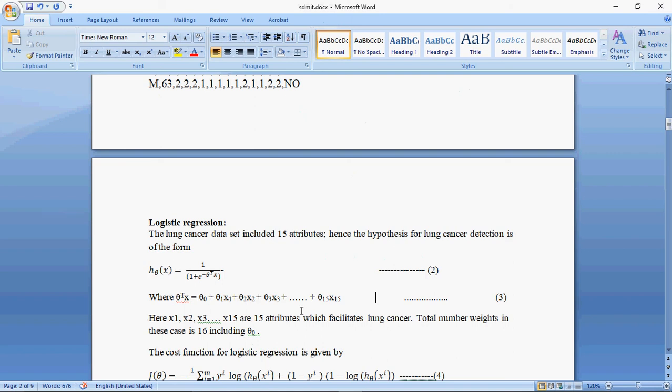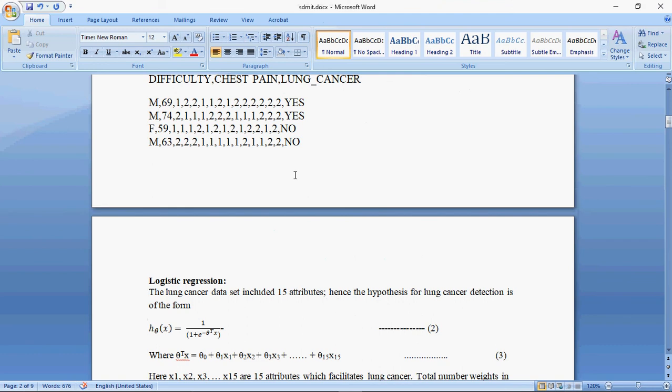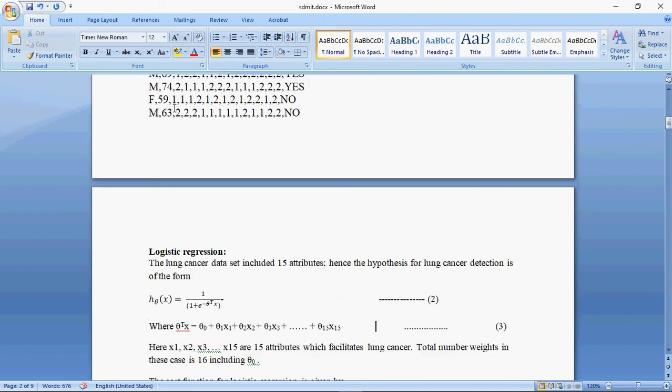For this case, you have altogether 15 features, and each feature is associated with a weight, so we call them weighted inputs. The input is not directly summed; rather you multiply the input with the corresponding weights, and thereby compute theta times x, or theta transpose x.